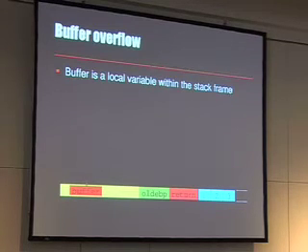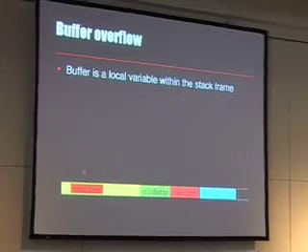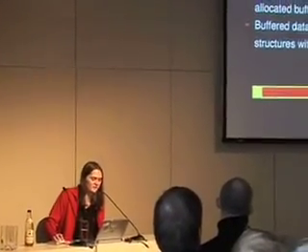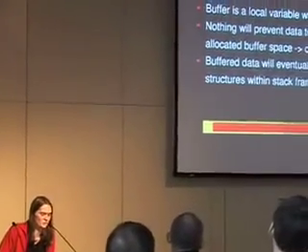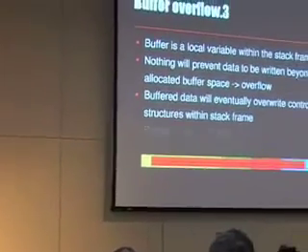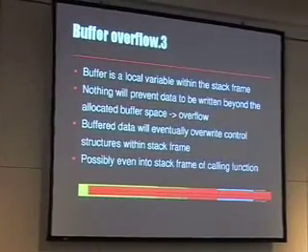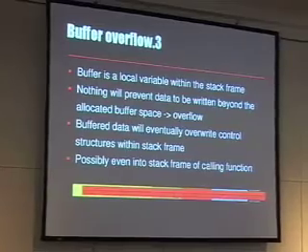So even if that buffer was 100 bytes, if our string is about 200 bytes or even longer, nothing will stop the buffer from overflowing. It will just grow and grow and grow. Eventually, it will overwrite all the control data that's in the stack frame, which of course is very bad. And eventually, it might even fill the stack frame of the calling function.